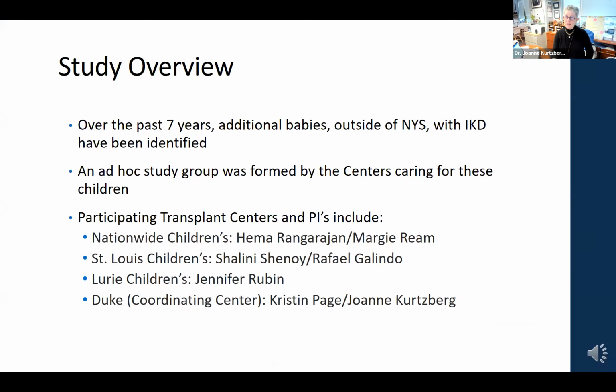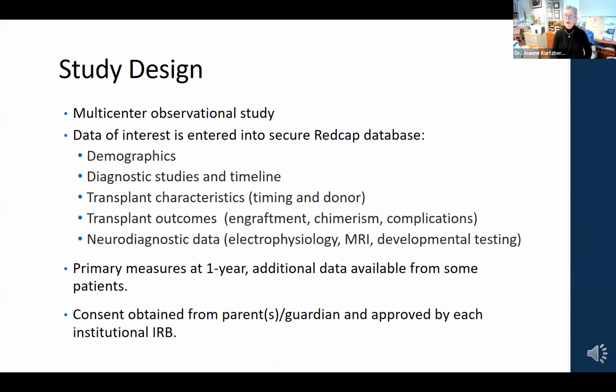It looked at babies over the last 7 years who were identified through newborn screening, so not through a family history. We looked at data that was entered into a REDCap database from each group transplanting the babies, and collected the usual data that you would do in this type of study.